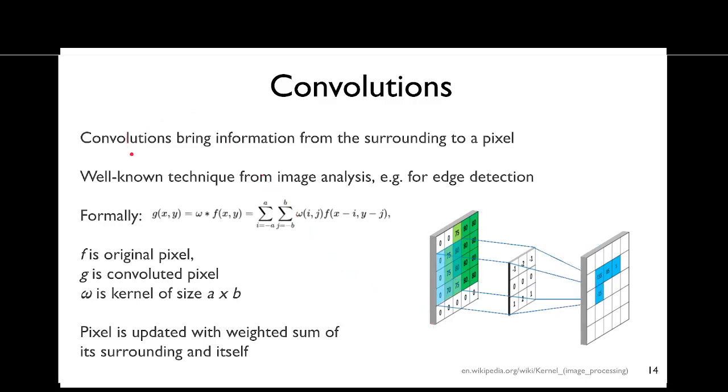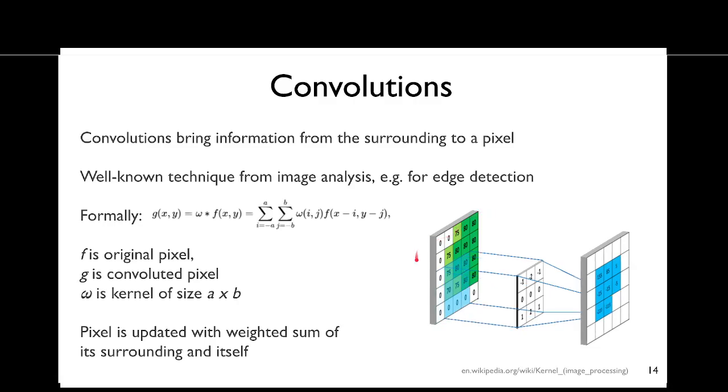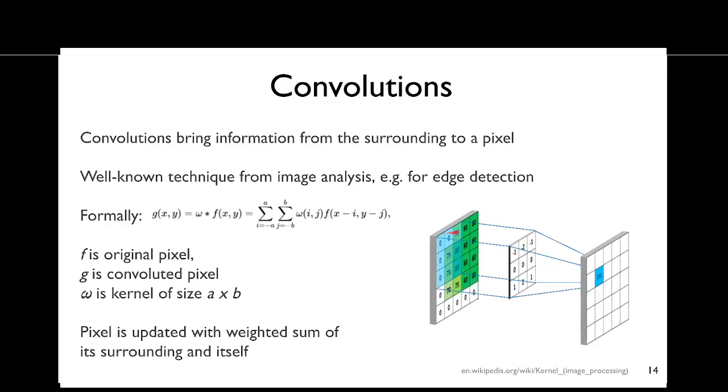A convolution is a concept that is coming from image analysis and that is useful for edge detection. And it essentially brings information from the surroundings of a pixel to that one pixel. So conceptually, you see that over here, we have our image, and now we run this kernel, it's called, over this image, and we multiply the original values in the surrounding of a central pixel with weightings from the kernel, and we sum that all up, and that's the new value of our pixel.